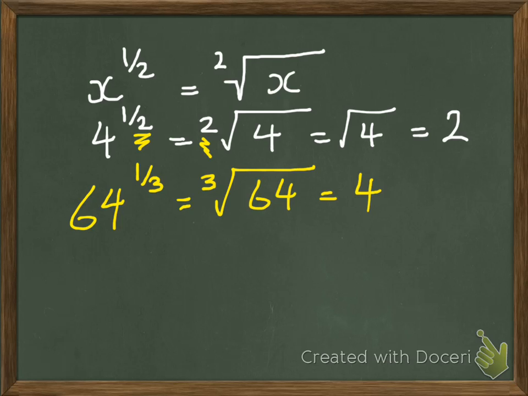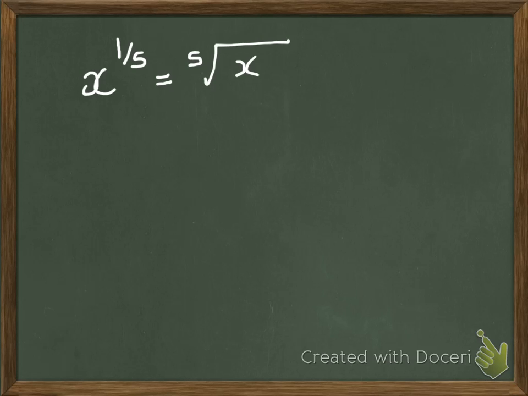Let's give another example. What's 8 to the power of 1/3? Well, that's the 3rd root of 8, which equals 2. I can take that even further, and I'm not necessarily going to know what the answer to these things are, but x to the 1/5 is the 5th root of x.